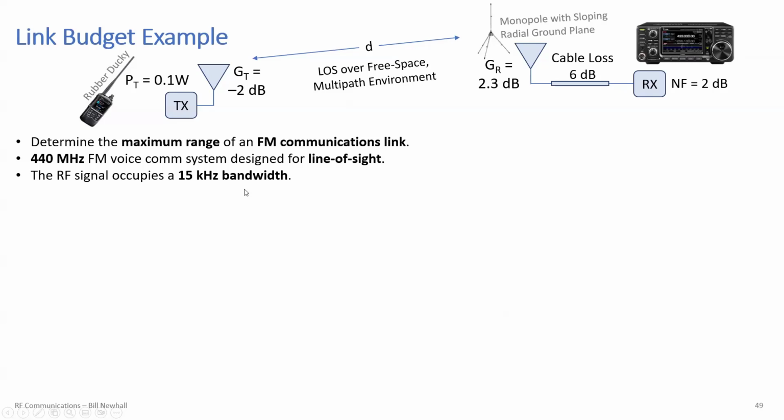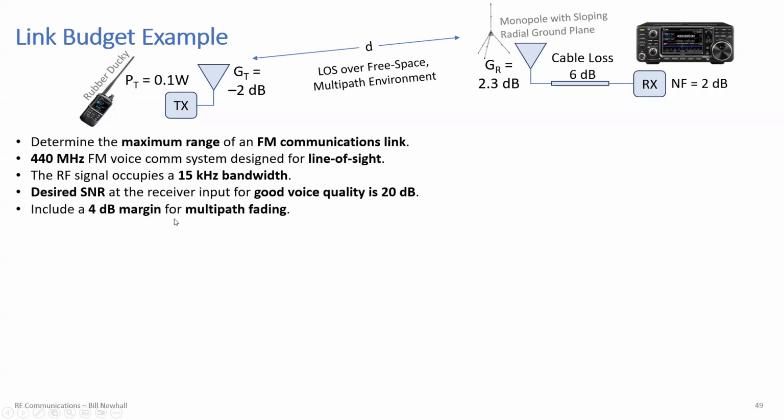And you want to specify a quality. So you want an SNR at the receiver to have good voice quality. And let's say that's 20 dB SNR at the receiver. That should give you some good voice quality. And let's include a 4 dB margin for multipath fading, just as we discussed on the previous slide.